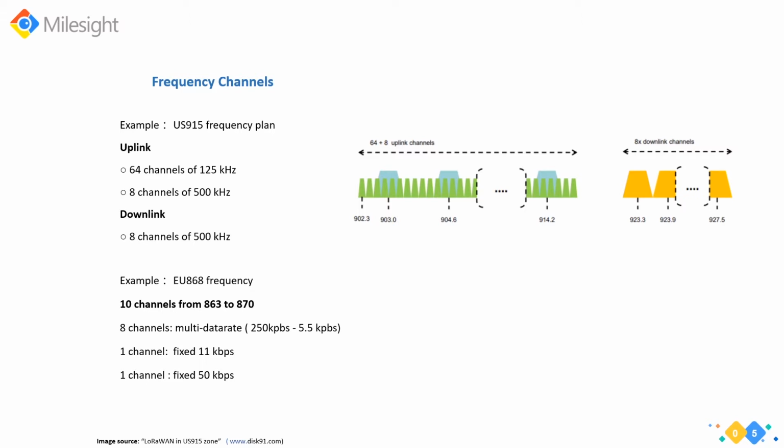You can find 64 channels for uplink that are 125 kHz in bandwidth, and 8 high-speed channels with 500 kHz for the downlink communication between the network and end devices. These channels are the region parameters defined by the LoRa Alliance.